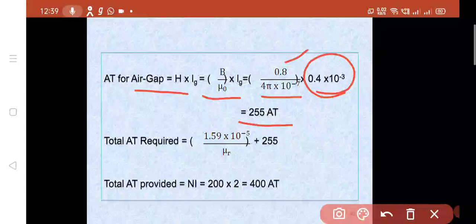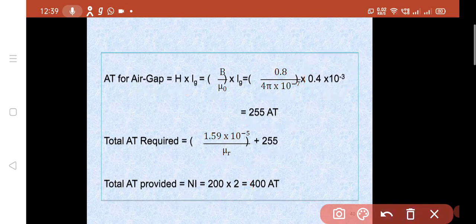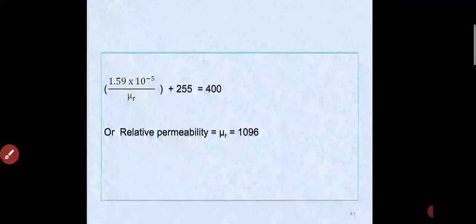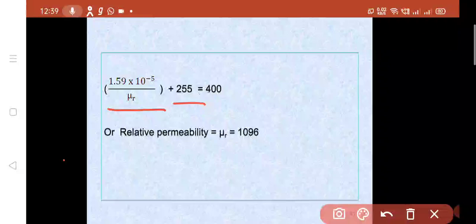So 1.59 into 10 to the power of minus 5 by μr plus 255 is equal to 400.